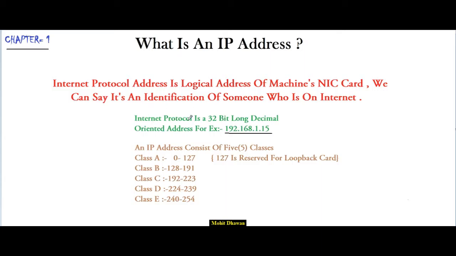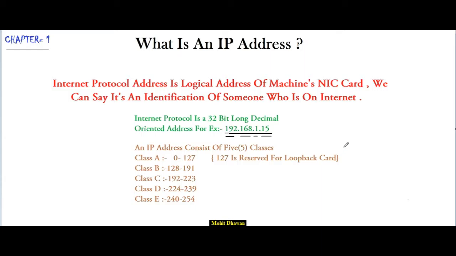The Internet Protocol address is a 32-bit long, decimal-oriented address. 192, then a dot, 168, dot, 1, dot, 15. It consists of 32 bits, which means 4 octets of 8 bits each. 192 is the first octet and it consists of 8 bits: 8, 16, 24, 32.